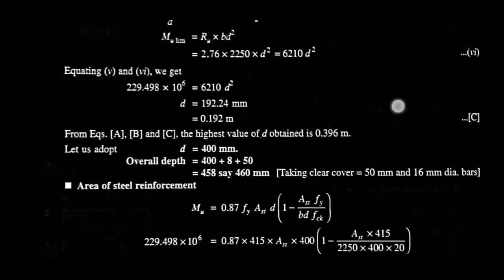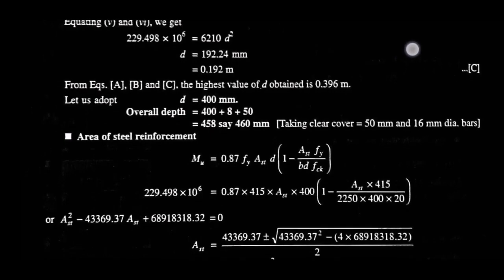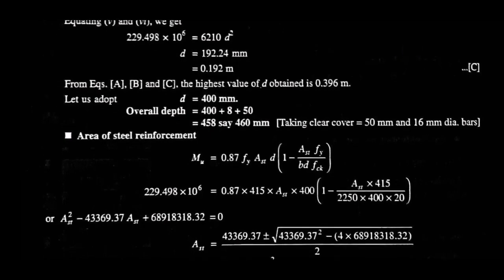Now we have to calculate area of steel reinforcement. So this equation is from Annex G of IS 456 2000. Mu is equal to 0.87 fy into Ast into d within bracket 1 minus Ast fy by b d fck.